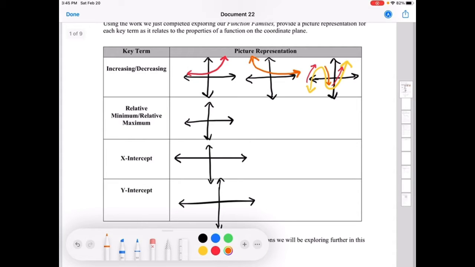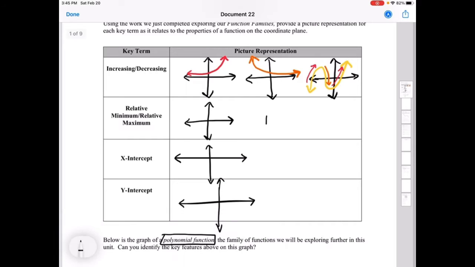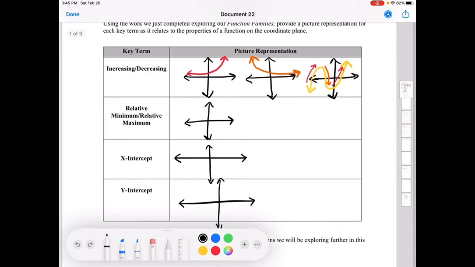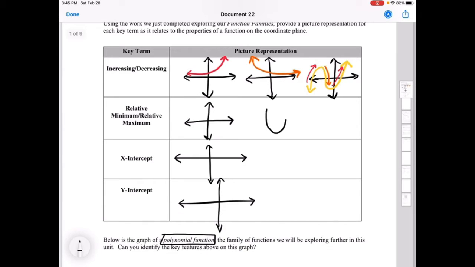Now we're going to be talking about relative minimum and relative maximum. Just bring your attention to what we did in quadratics. In quadratics, we had parabolas, so they're either concave up or concave down. Remember smiling or frowny face?